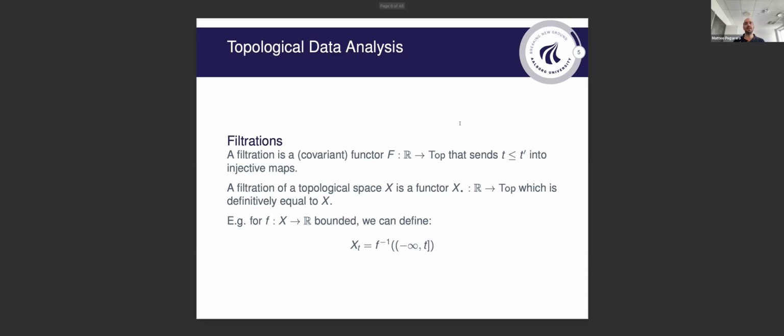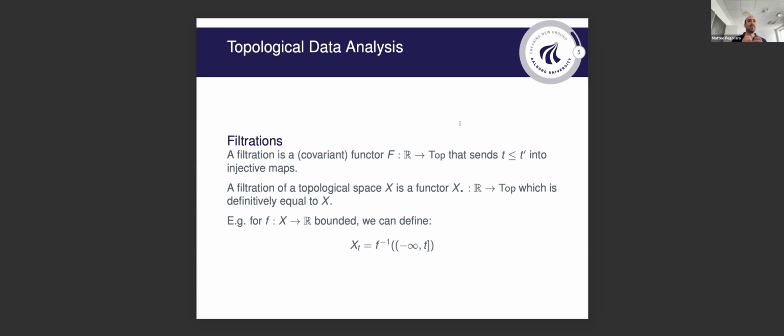So what is the typical topological data analysis pipeline? Usually we are given some statistical unit, and we also have a topological space. With the statistical unit, we produce a family of topological spaces which are included one in the other, and they are indexed by the real line.